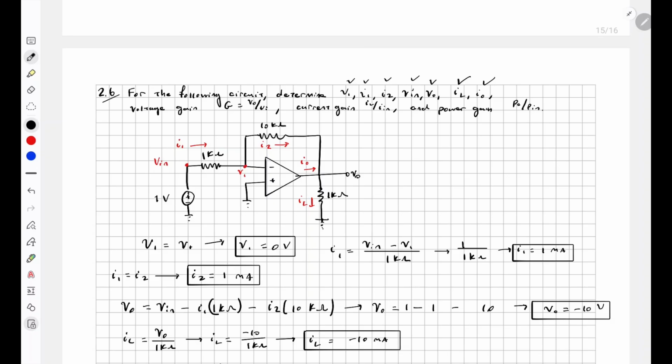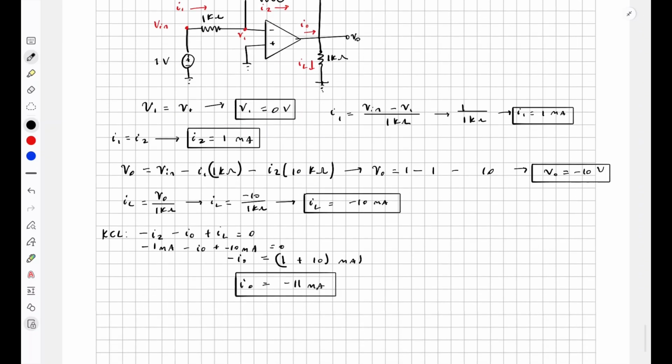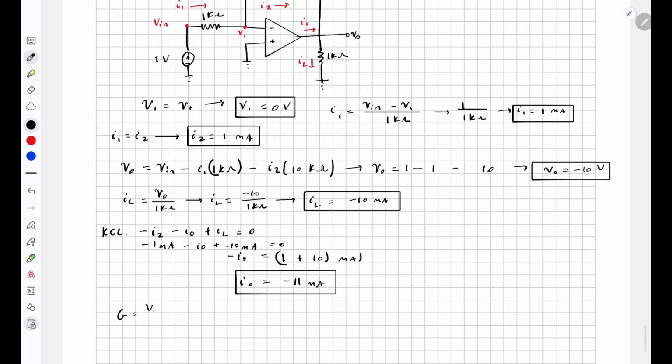Now we are finding the voltage gain, which is V out divided by V in. So that is negative 10 divided by 1. Units are volts per volt.